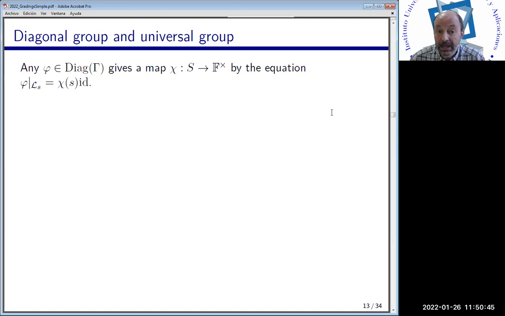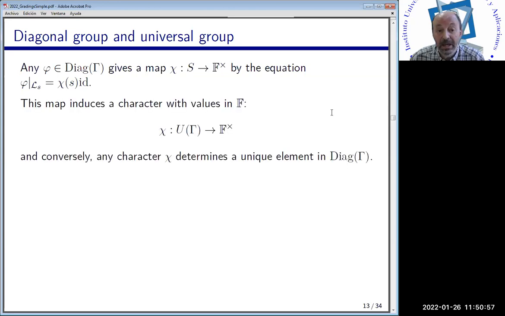And then the scalars, since these are automorphisms, are different from zero, so we get a map from the support into the multiplicative group of the field, and this extends in a natural way to a character of the universal grading group with values in the field. And conversely, the diagonal group is nothing else but the group of characters with values in the field of the universal group.